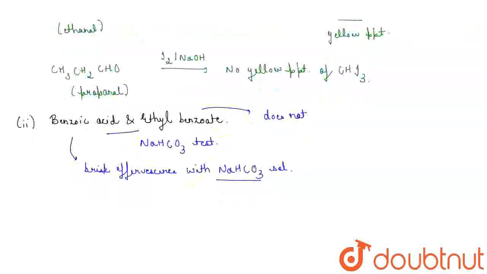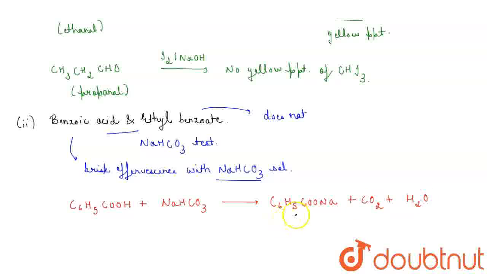Now let's understand this by reactions. First we will take benzoic acid: C6H5COOH plus NaHCO3 solution, which on reacting will give C6H5COONa plus CO2 plus H2O.